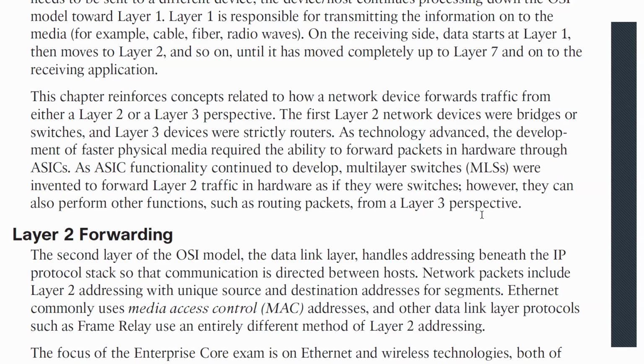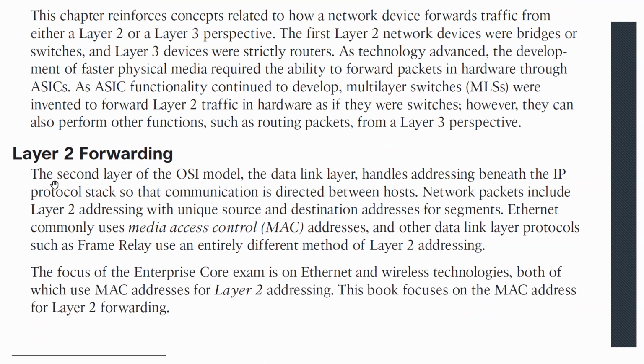So by default they work as L2 only, but they can also work as L3. This is clear. Now, if we talk about L2 forwarding, the second layer of the OSI model, the data link layer, handles the addressing beneath the IP protocol stack, which is your physical addressing, so that the communication is directed between the hosts.